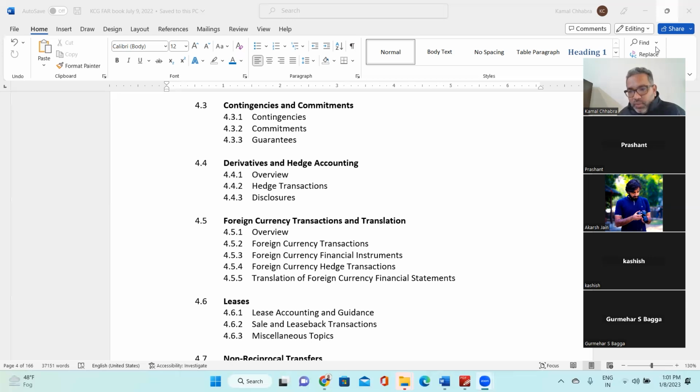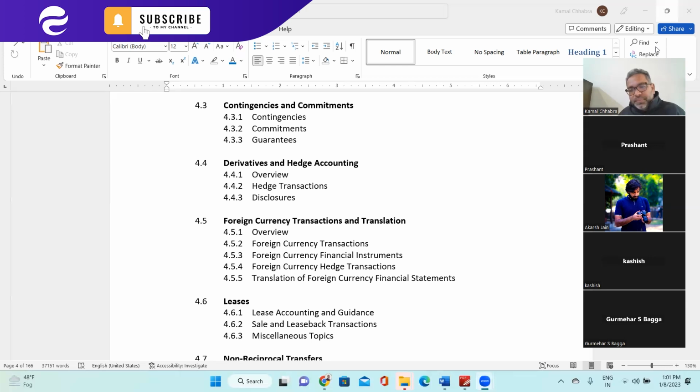Then they need to convert the Indian financial statement into US dollar, right? That is called translation of foreign currency financial statement to the reporting currency financial statement. Make sense? Yes, sir. So that we will be covering in 4.5.5.